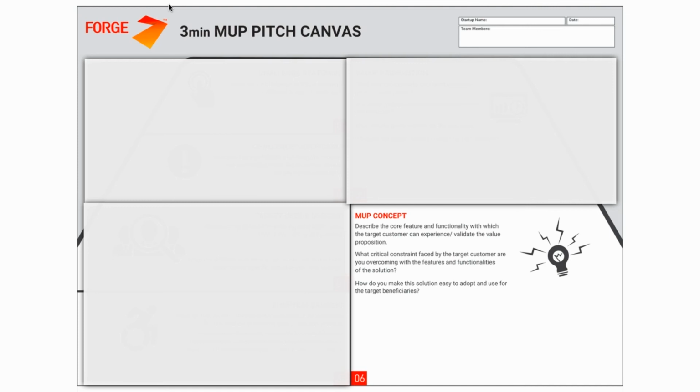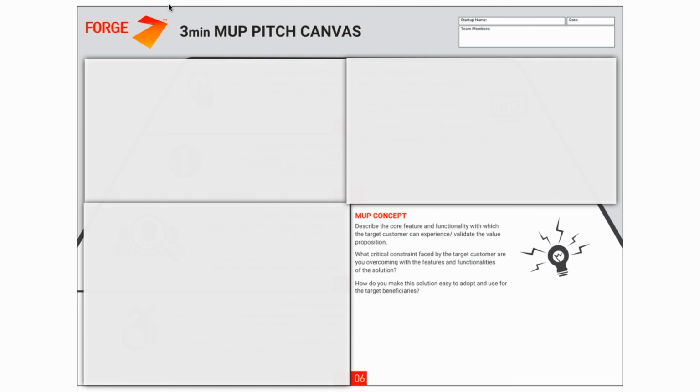It is also very important to have and specify those features and functionalities of the solution that helps the customer to overcome the adoption barrier and how it will help him use the solution and make it easy for him and part of his life.